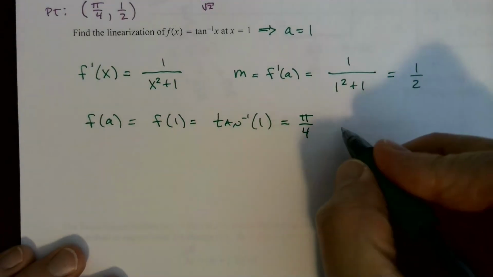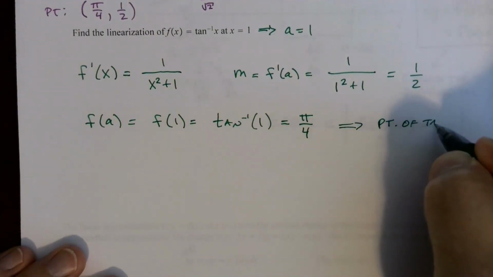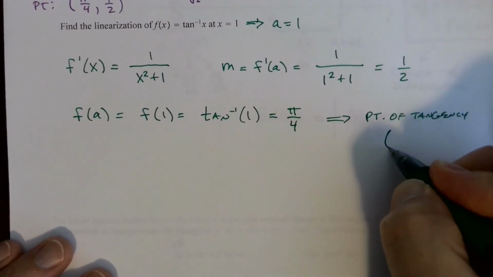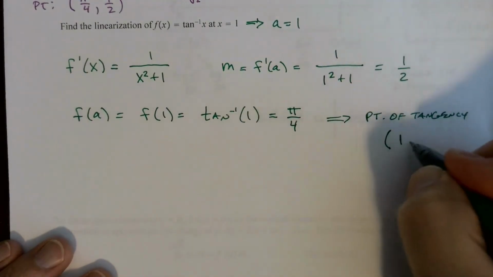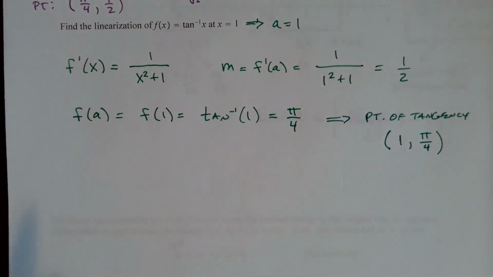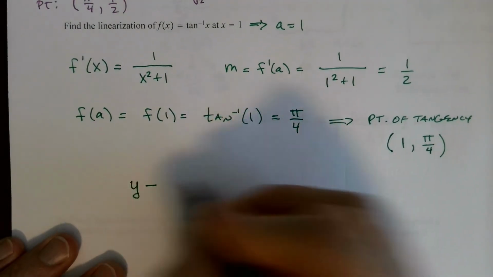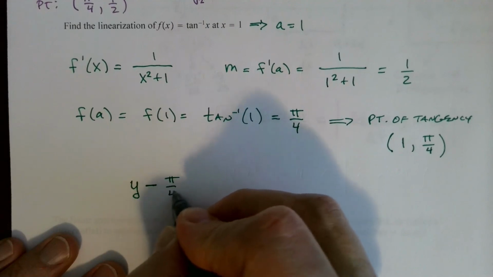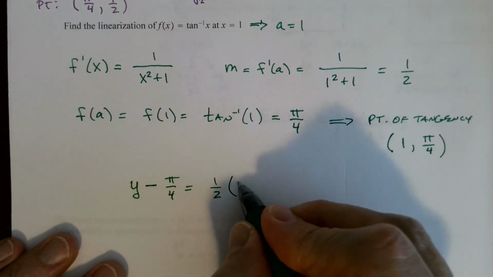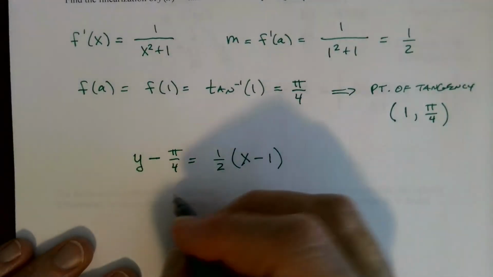Okay, so our point of tangency is a comma f of a. A is 1 comma f of a, pi over 4. So the tangent line is y minus y1 equals m, which is 1/2, times x minus 1, add the pi over 4.